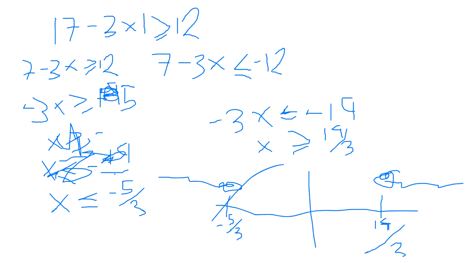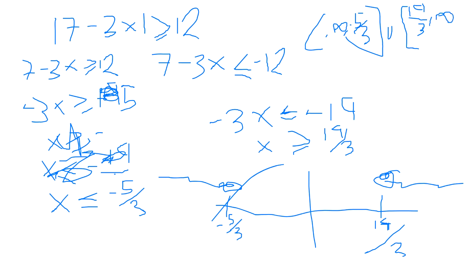So it will be from negative infinity to minus 5 over 3, then union 19 over 3 to positive infinity. Then you close it like that.